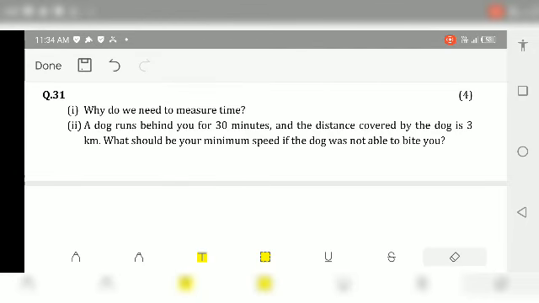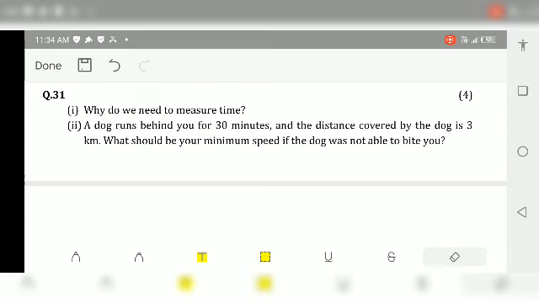Next question is: a dog runs behind you for 30 minutes and the distance covered by the dog is 3 km. What should be the minimum speed if the dog will not be able to bite you? The answer for this: your speed should be greater than that of the dog. Thus, we will find the speed of the dog to know your minimum speed.